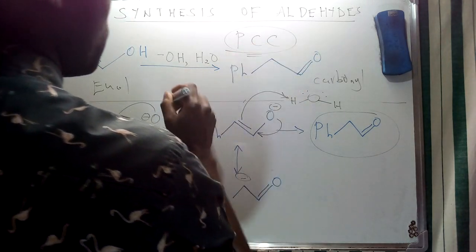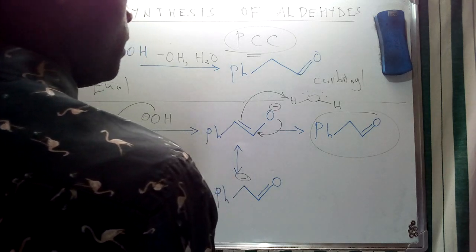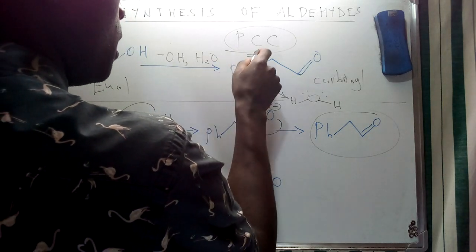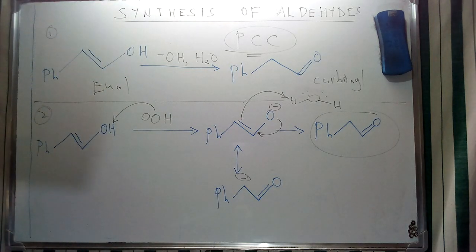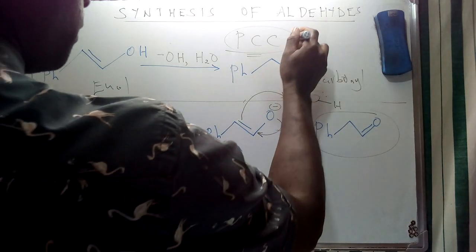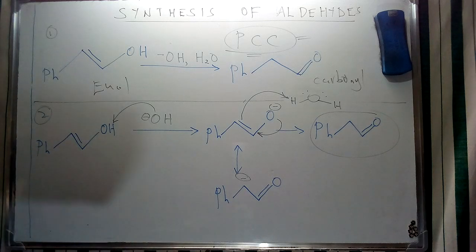So in any case we come across this one being substituted here, then pyridinium chlorochromate is going to be used as one of the reagents in trying to come up with what we refer to as aldehydes. This is mainly a form of chromic acid, basically, which is going to be used as a reagent.